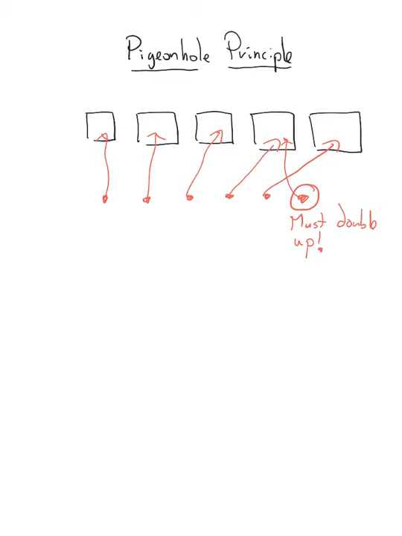So basically that's the idea. If you have more objects than boxes, then some of the objects must double up in the boxes.